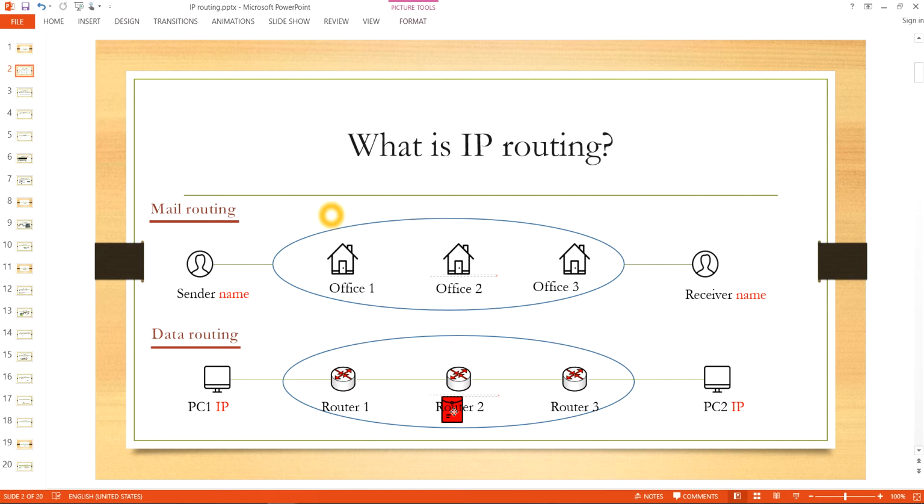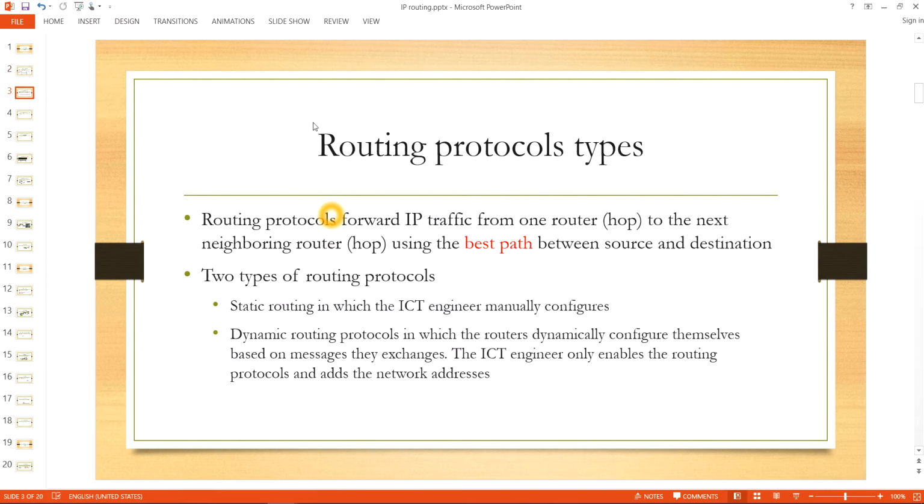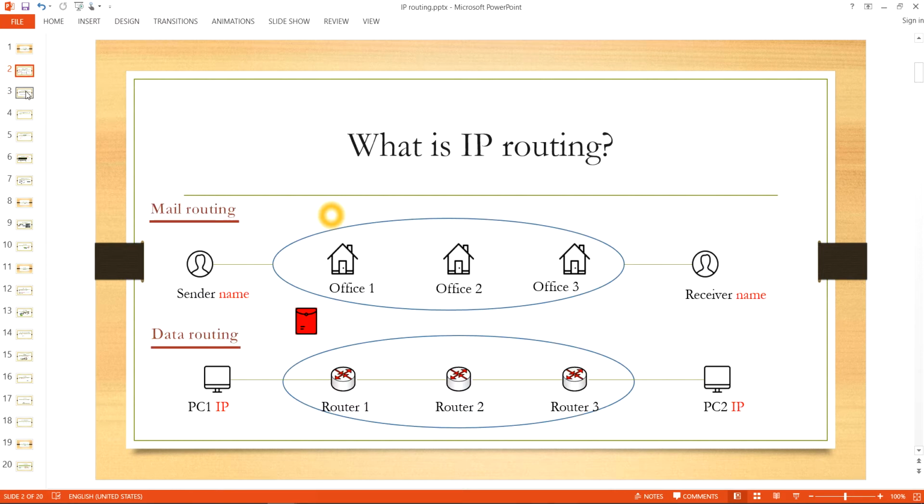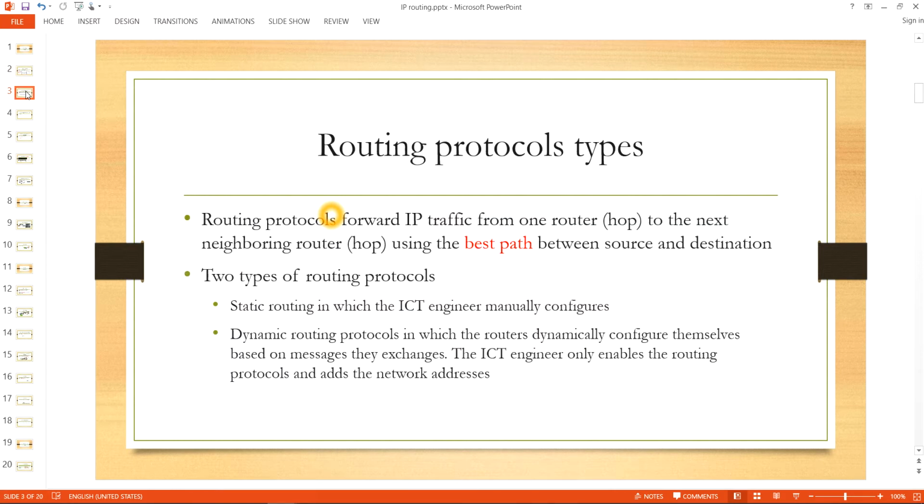So I think you now have some idea of the concept. Let's say something more about this. To implement this IP routing, we need something called routing protocols. We have two main tables. First of all, routing protocols, their function is to forward IP traffic from one router to the next neighboring router.